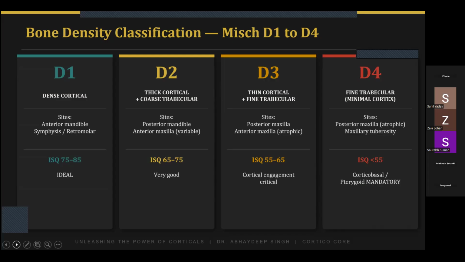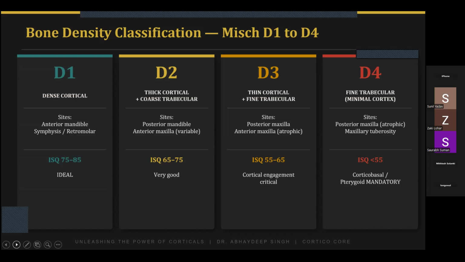Now, by just taking the gist of it, just try to understand one thing. The most dense bone is where? It is there in your mandible, in the anterior region. So whenever you drill in your pre-mental region, that is between the two mental foramen in your mandible, this area is highly corticalized, highly dense bone because there are layers of corticalization present in the anterior zone.